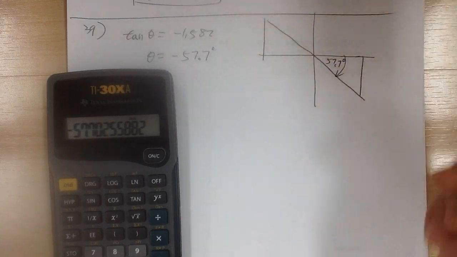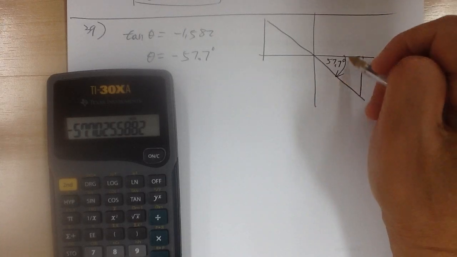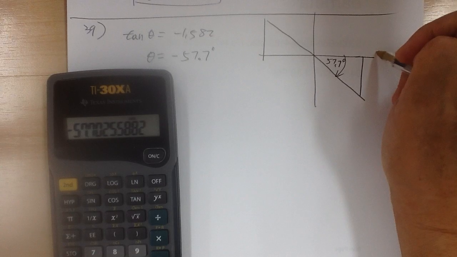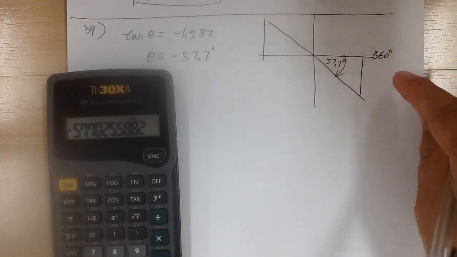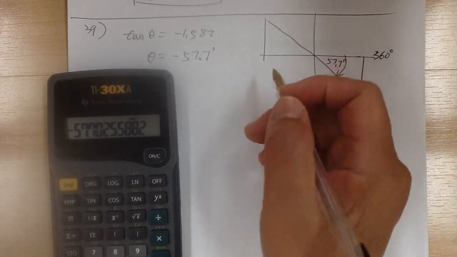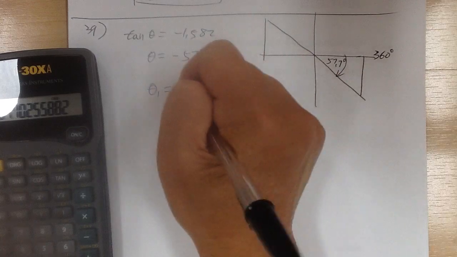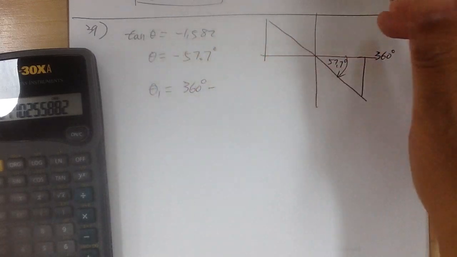So when you're going this way, it's negative, right? So what you want to do is start with 360. When you go this way, it's negative. So this is your theta 1. Theta 1 is going to be equal to 360 minus 57.7 degrees, because you're going this way.